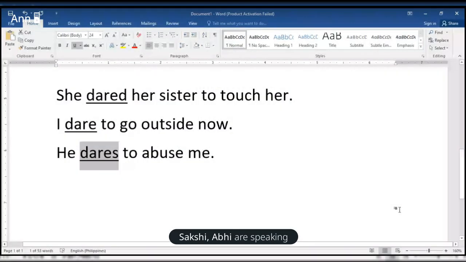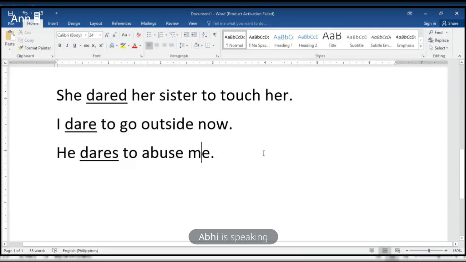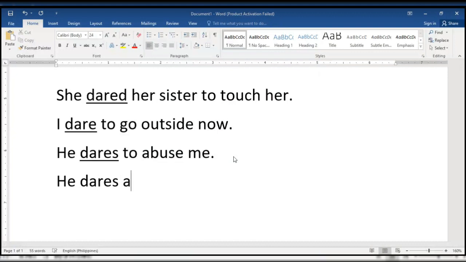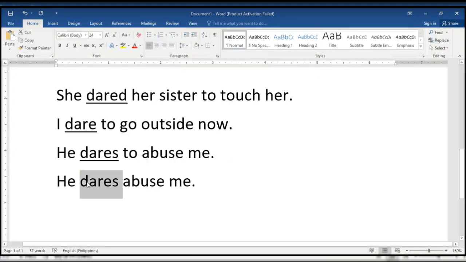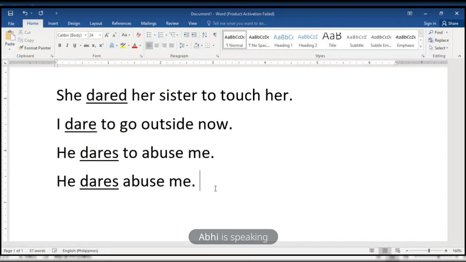Yes, correct. But if I say he dares abuse me, is it correct? This is not correct, because after dares, the to-infinitive should be there.